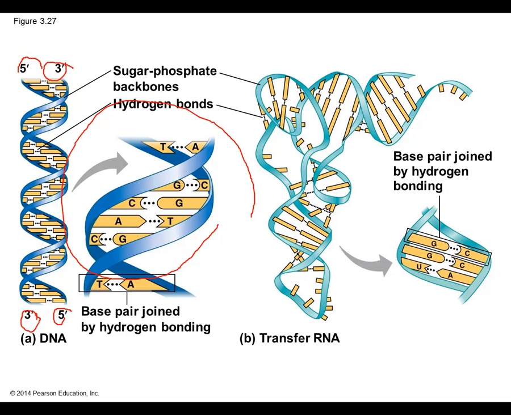And this is referred to as anti-parallel. The nitrogenous bases pair up to form hydrogen bonds. Adenine always pairs up with thymine, and cytosine always pairs up with guanine.